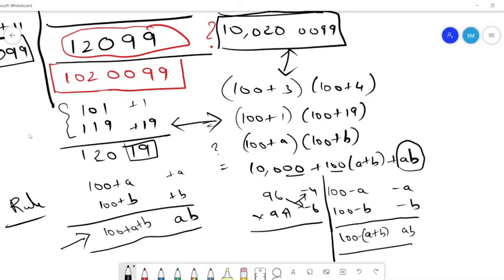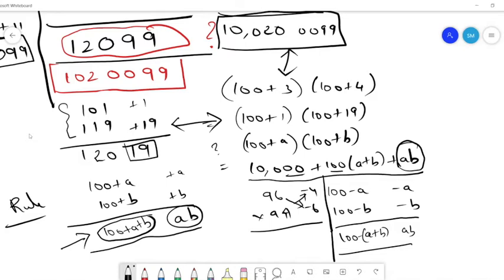But still, the rule is saying that multiplying 100 plus A and 100 plus B is nothing but you write AB in the end and then just take 100 plus A plus B. But the expression that we have got here doesn't seem to say exactly that. It says write AB in the last, that is clear, but here it is messing it up now.